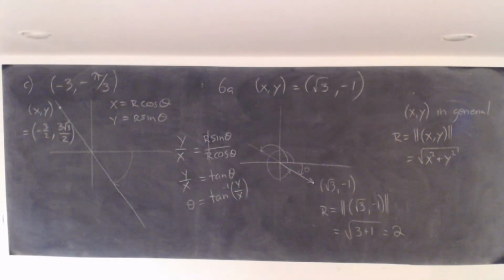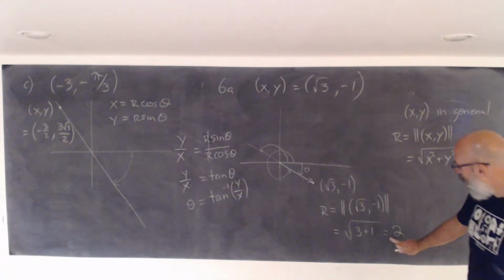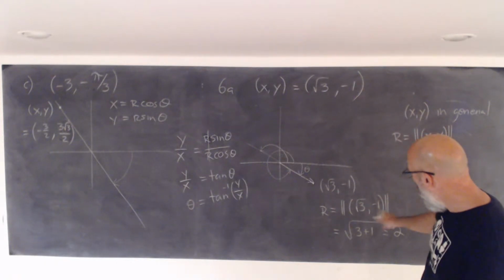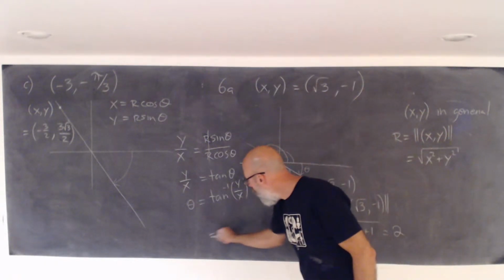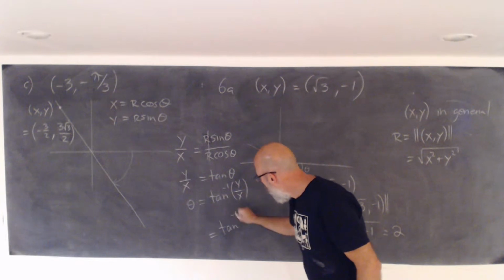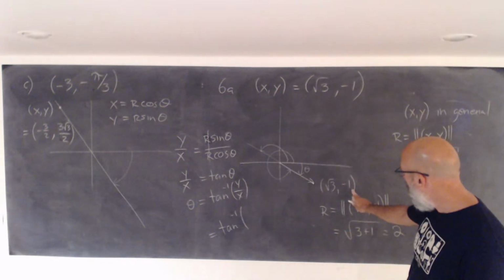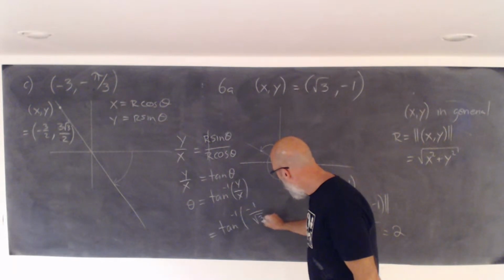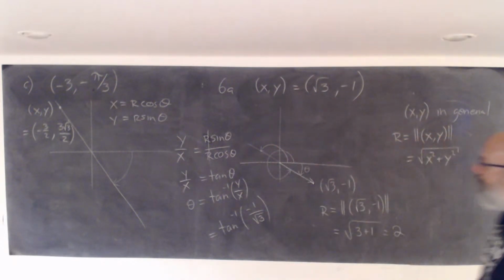And that gives you the theta in general. So here r is 2 and theta is arctan, in this case, of y over x. There it is.